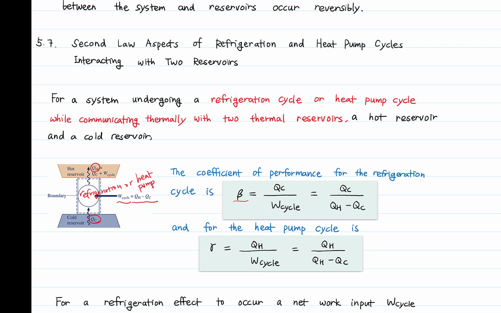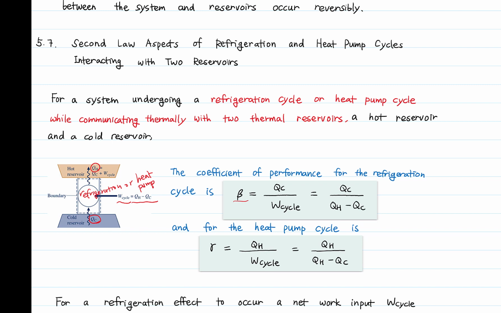Although both work in the same way, the primary objective of a heat pump is to produce heat, QH. It is the heat added to the high temperature space. On the other hand, the objective of a refrigeration system is to remove heat, QC, from a low temperature space or refrigerated space.